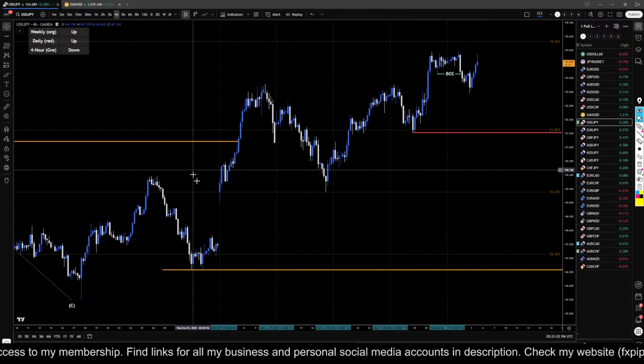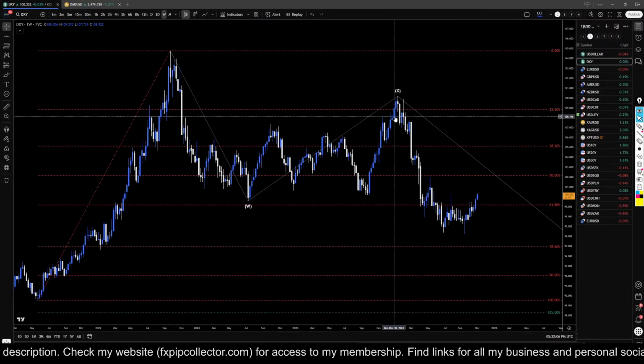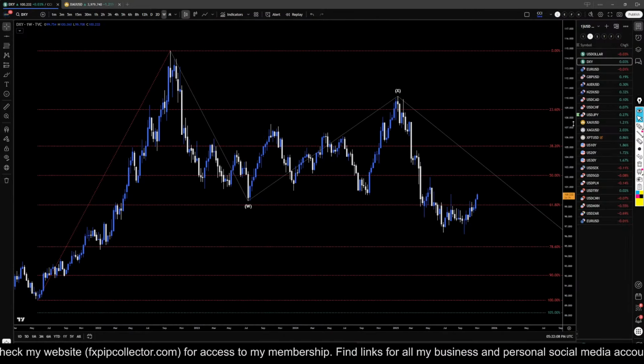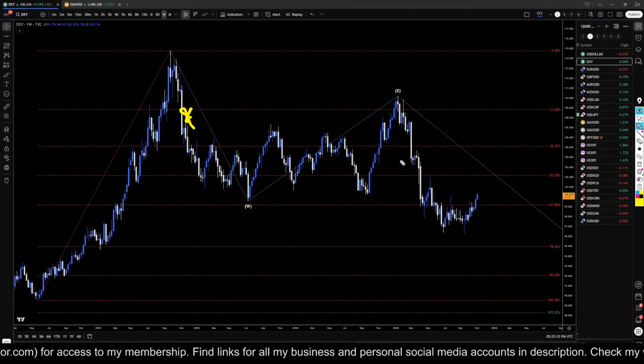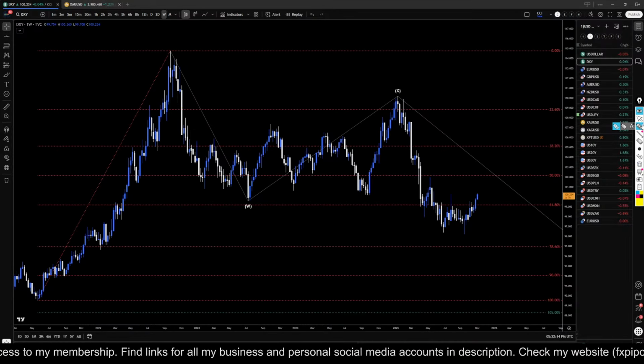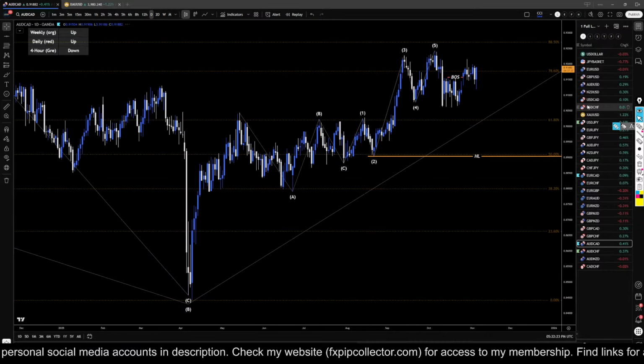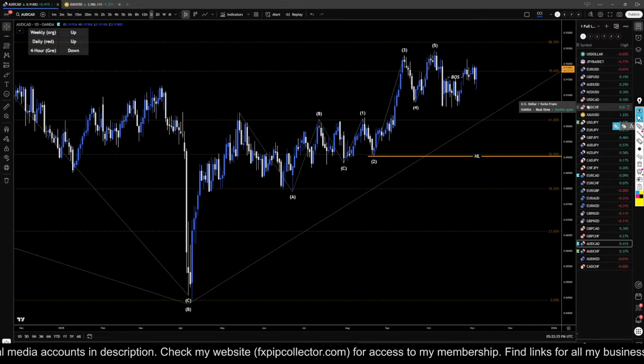There was a gap on the DXY, you showed me the gap, somewhere in this area, that took like a year and a half to fill. So gaps do almost always fill, but how long is it going to take? It could take a year for all we know. It could take pretty much an unlimited amount of time.